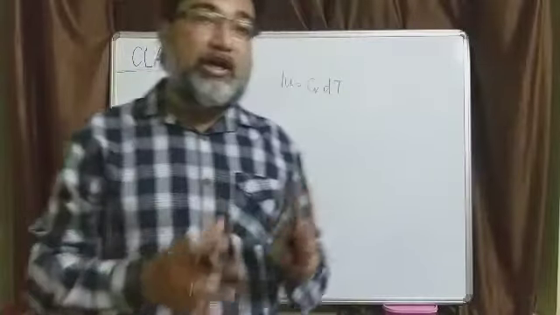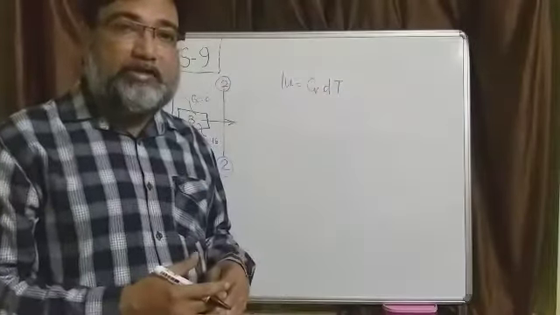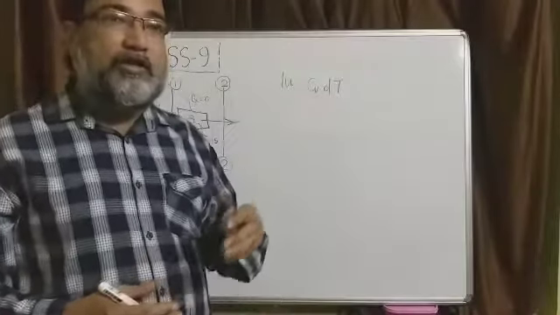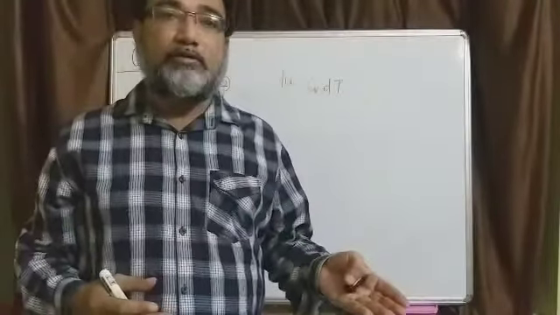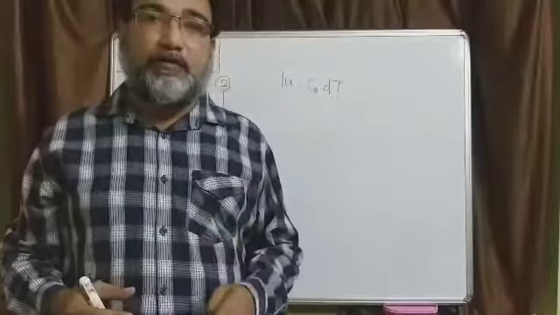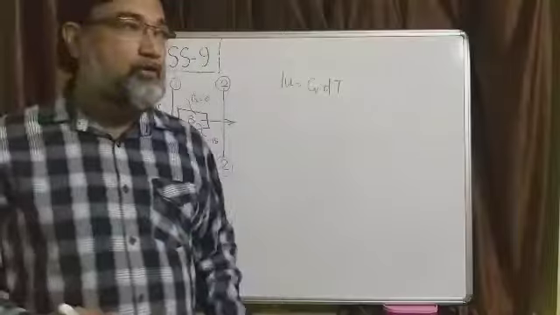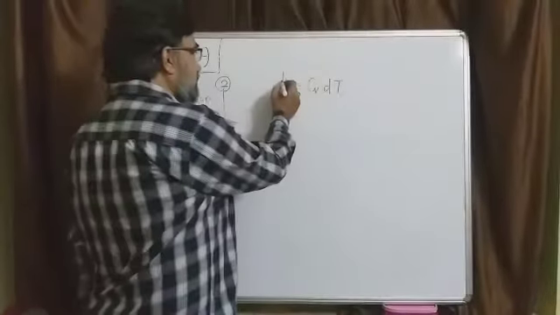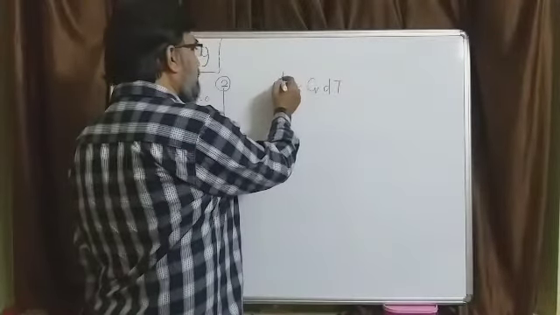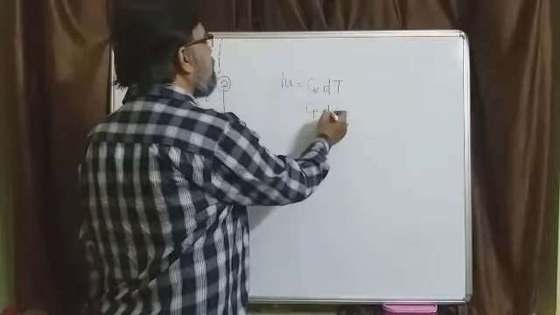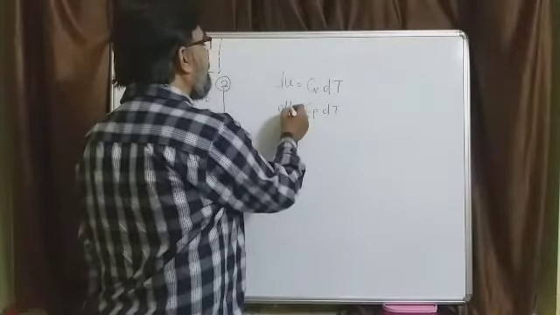Depending on the condition at which you are heating or cooling a gas, the specific heat will be different. If you are heating it at constant volume, then it is Cv, and if you are heating at constant pressure, then it is Cp. And Cv dT is the change in internal energy. Similarly, Cp dT is the change in enthalpy.